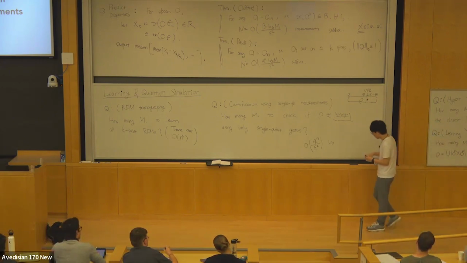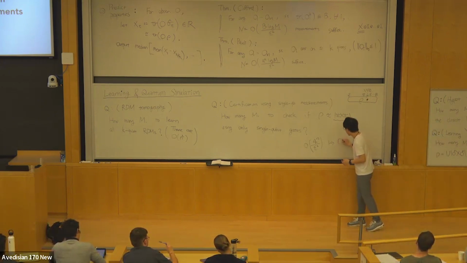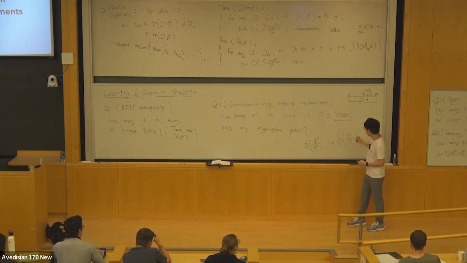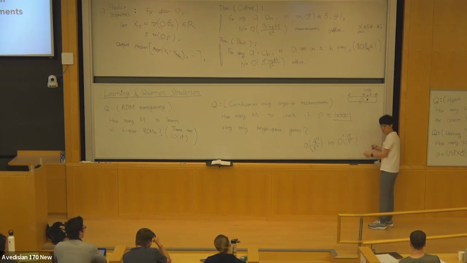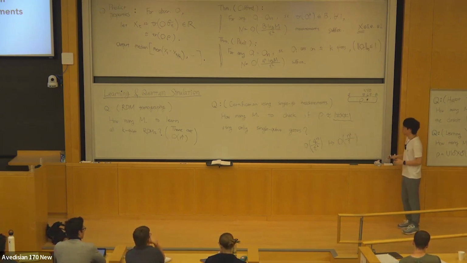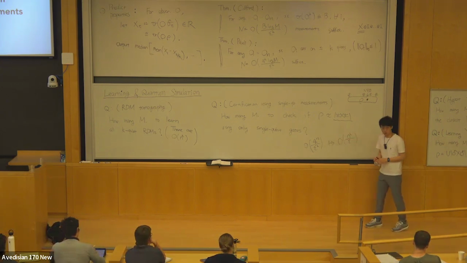And then using more complicated analysis, one can show that for almost all quantum states psi, we only need order n squared over epsilon number of measurements that use only single qubit gates to do this certification.